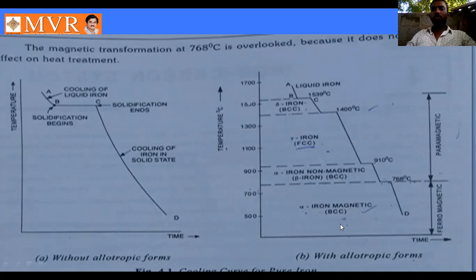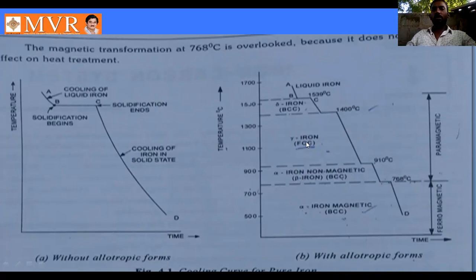From 760 to 910 degrees it is still alpha iron, but non-magnetic. The structure is BCC. The structure does not change, but the magnetic property changes. This alpha iron can also be called beta iron, with a BCC structure. From 910 to 1400 degrees centigrade it is gamma iron, and the structure is FCC.